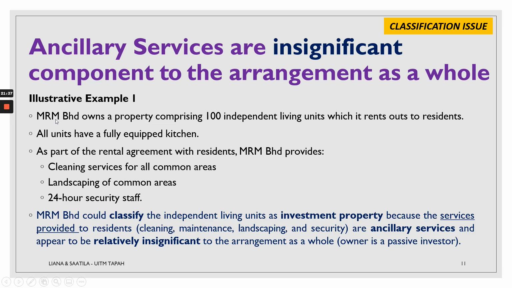So we have this example here. MRM owns a property that comprises 100 independent living units, and it rents them out to residents, and all units have a fully equipped kitchen. As part of the rental agreement, MRM, which is the owner itself, provides cleaning services, landscaping of common areas, and 24-hour security staff.